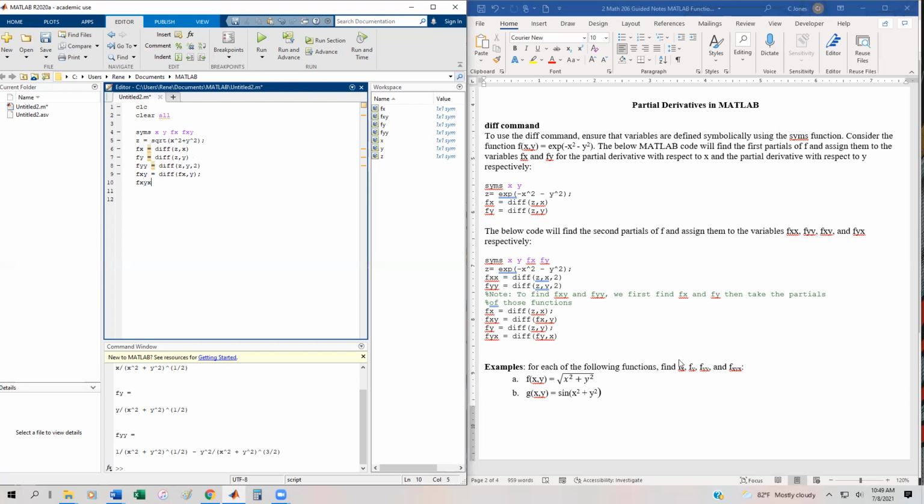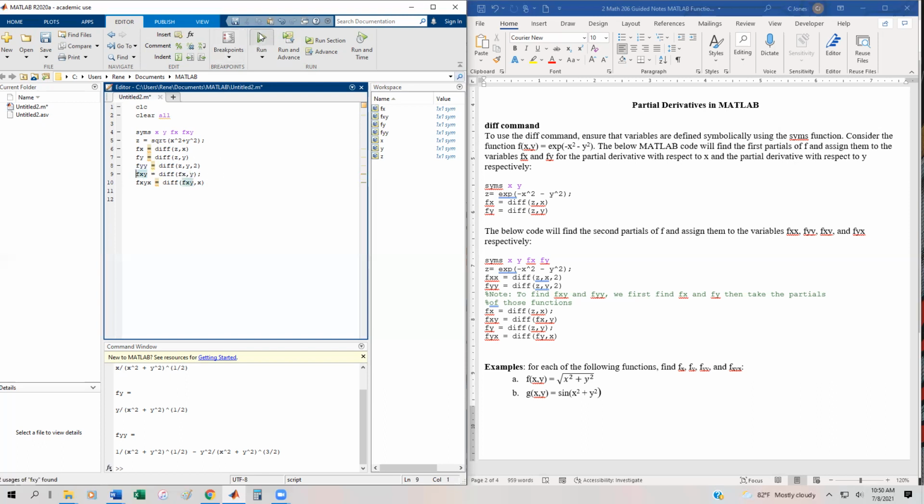So because we want fxyx, we're going to say that's equal to diff of what we just got, fxy, with respect to x now. And that doesn't need to be suppressed because that's what we want to see. The only reason I suppress the other is because we don't really need it to be shown. We just need it to get to the answer.